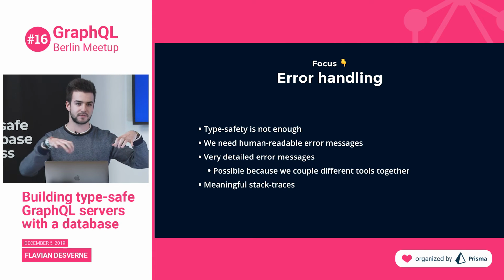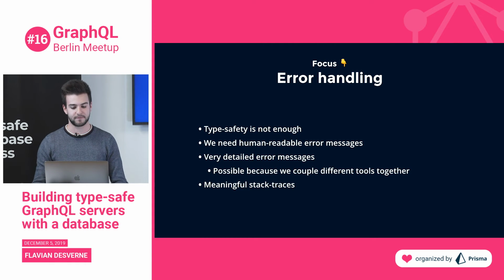You know how each of them interacts, and you can provide very useful error messages across the whole stack. So you can make sure that, for example, if you expose a GraphQL field that does not belong to your database, you tell people explicitly what's going on.